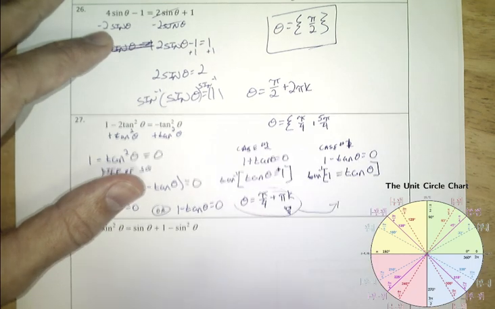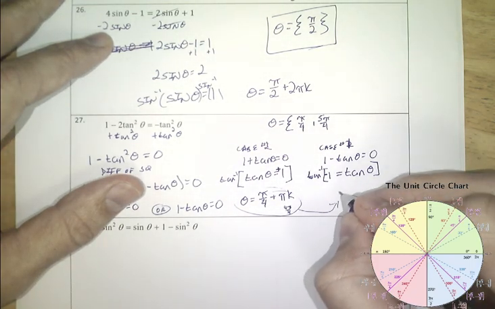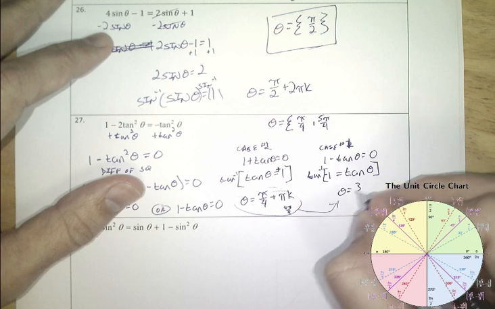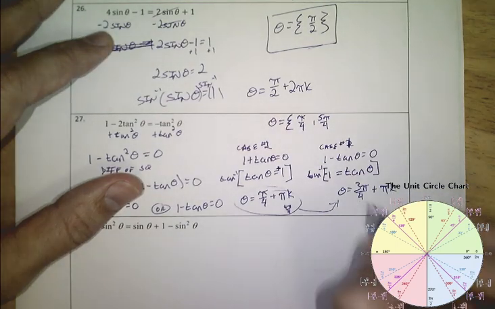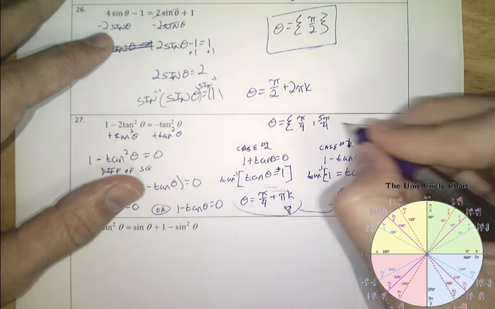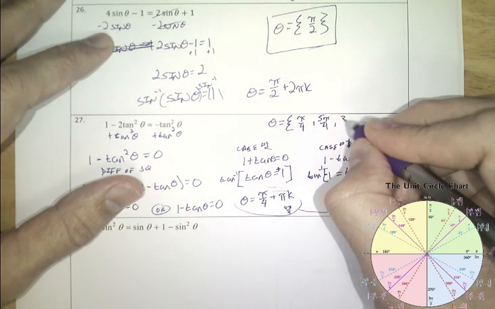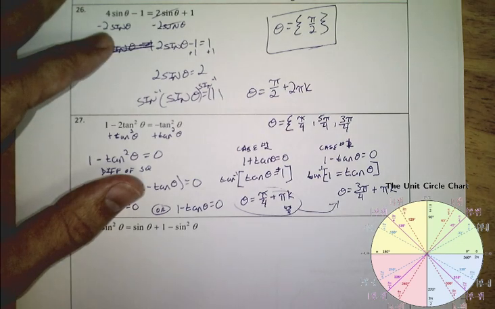So inverse tangent of negative 1 is going to be 3 pi over 4. So theta is equal to 3 pi over 4 plus pi k. That's the negative 1 version. So 3 pi over 4 is on the first rotation of the unit circle, so we'll add that to our list.